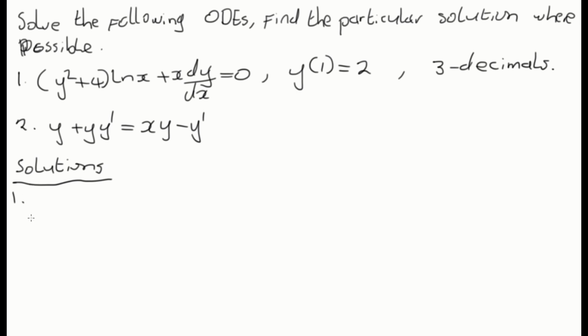So what do we do? Let me just rewrite it. Okay, good. So the standard form you saw above, what we saw there is that the dy dx was standing alone. There was nothing disturbing it.